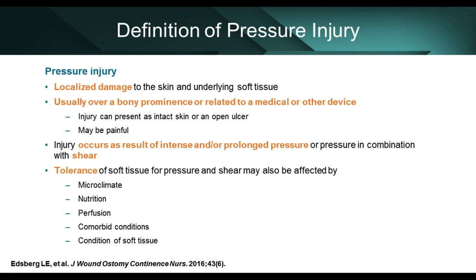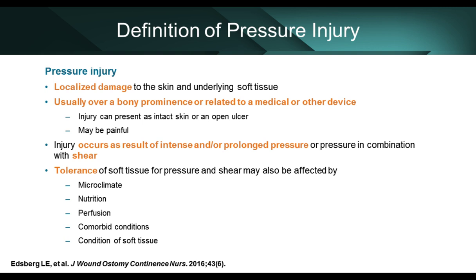So we're going to start off our discussion today with the definition of pressure injury. Pressure injury has been defined by the National Pressure Ulcer Advisory Panel, and they updated their definitions recently in 2016. And they have included them to say the following.